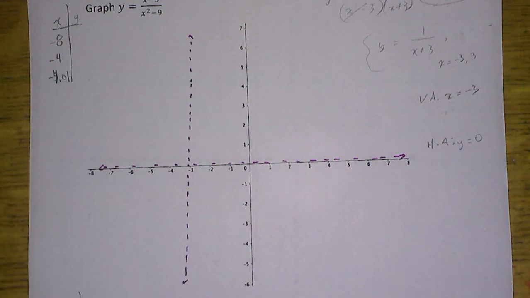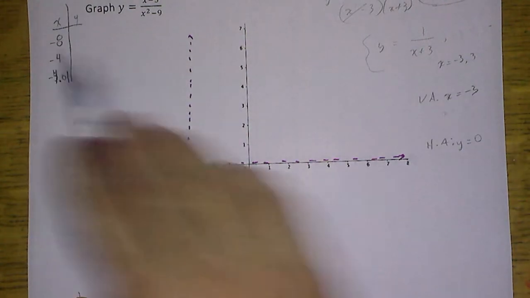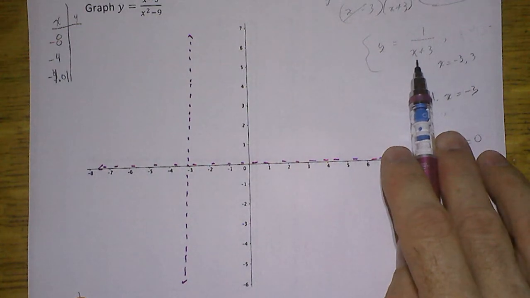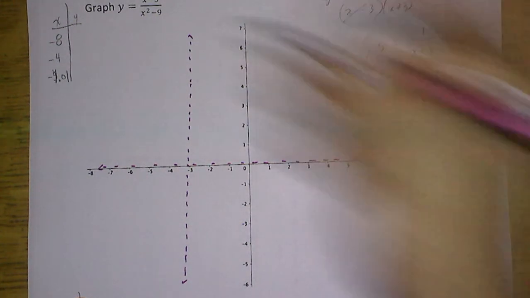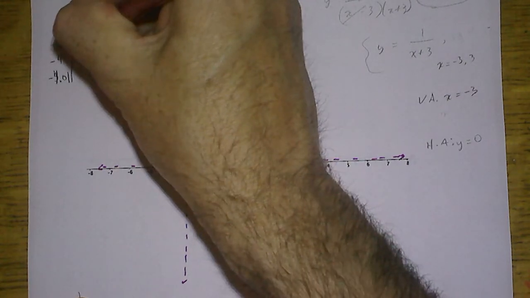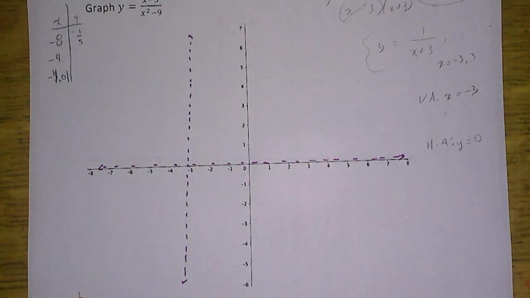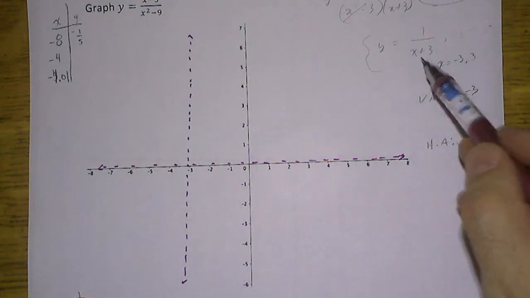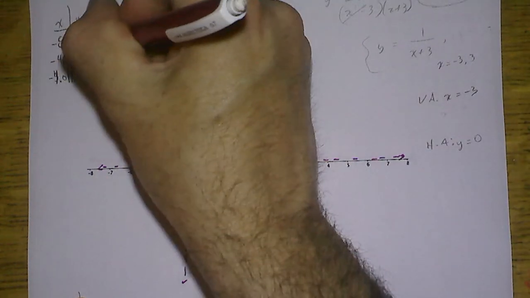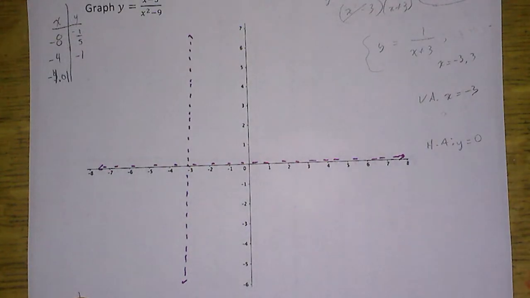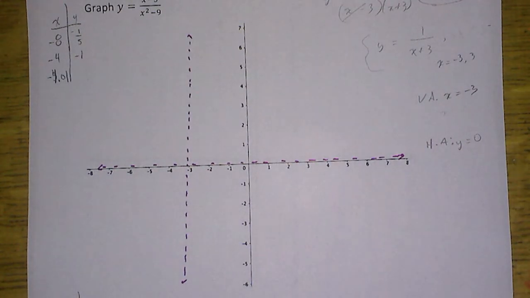Let us just do this. I'm going to plug in negative 8 into here. So what I get is my y value is negative 1/5. If I plug in negative 4 into this, I get a y value of negative 1. So allow me to draw those 2 points for you here.